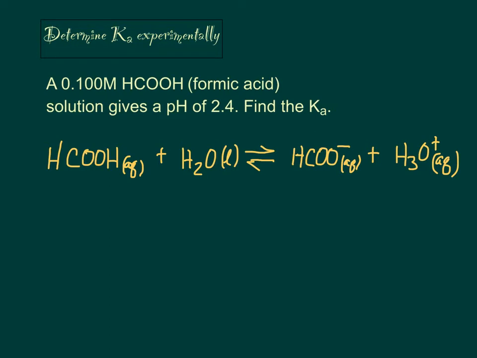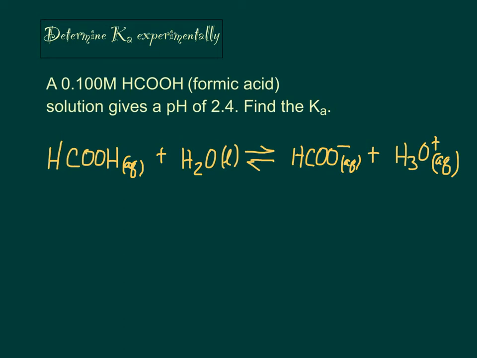So we're going to have to be doing an ICE chart here because we have initial and we have changes, but we don't know what it is at equilibrium. And remember, Ka is an equilibrium constant. So go through, figure out all the information you know, and put it into an ICE chart. Take a moment, pause the video, and try it on your own.